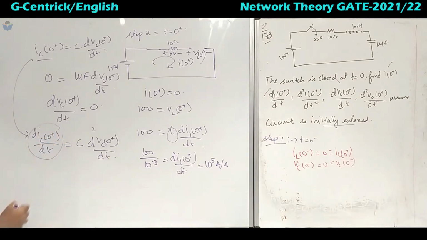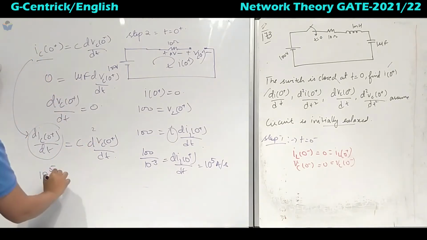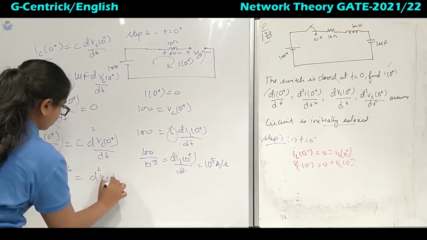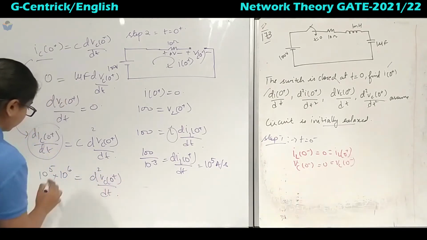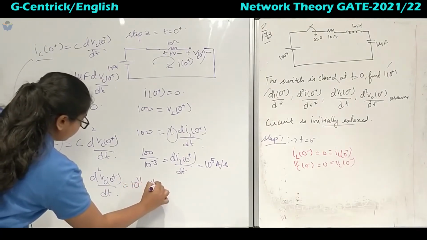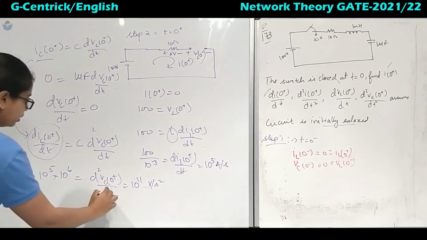This value we have got here as 10 to the power 5. C is 1 microfarad, so when it goes up it will be 10 to the power 6. So d square Vc of 0 plus by dt square is equal to 10 to the power 11 volts per second square.